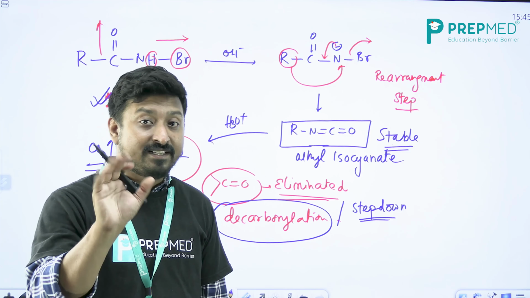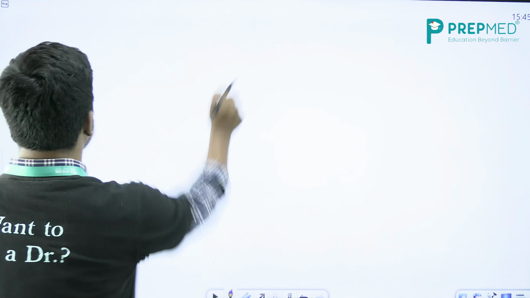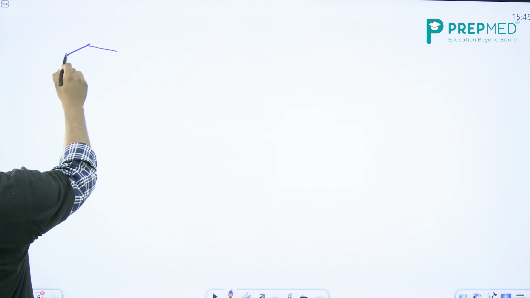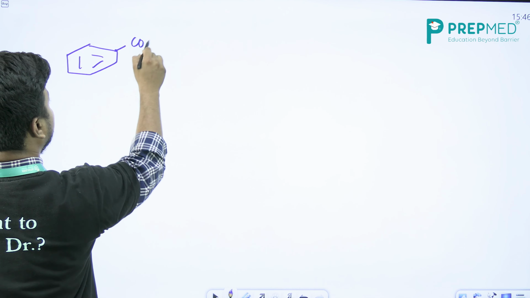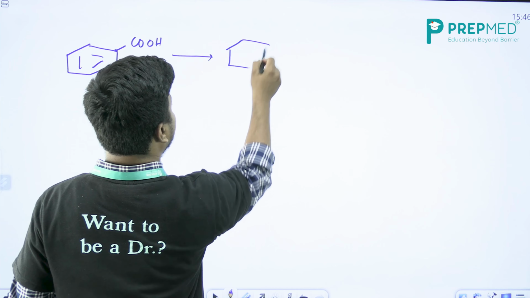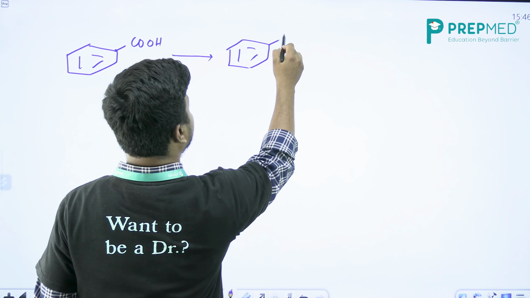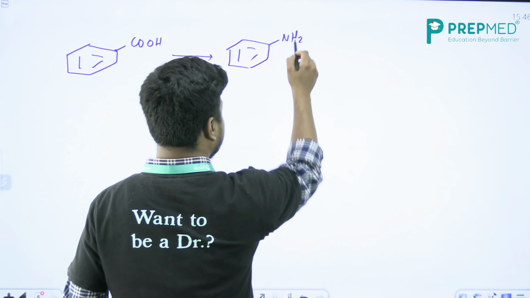Now, एक example देकर let me conclude the talk. Okay. Now see, as I said also, this conversion, that is the conversion of benzoic acid to aniline. This is a very, very important conversion which comes in all of your exams. Very, very important. Okay.